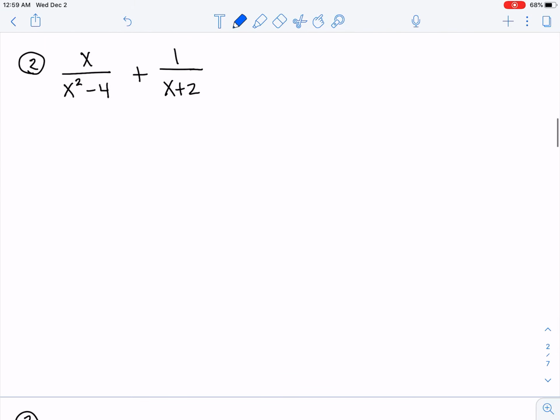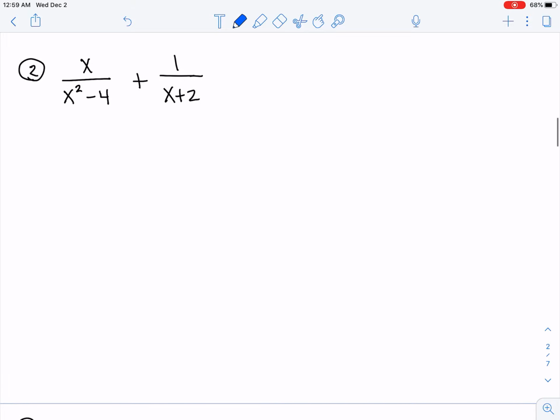Here's the second one. So I've got x divided by x squared minus 4 plus 1 over x plus 2. So the first thing, I've got to factor the denominator. x squared minus 4 is a difference of squares. That's an x minus 2, x plus 2. And this denominator stays as x plus 2.